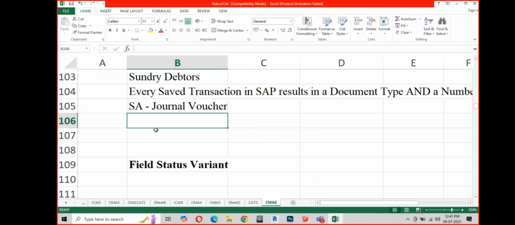This is applicable to any kind of project. Clear? Under no circumstances will the implementing partner want us to create a new document type. Clear? Now, what could be the other document types? Asset capitalization.